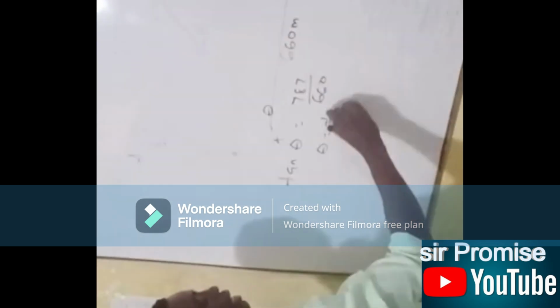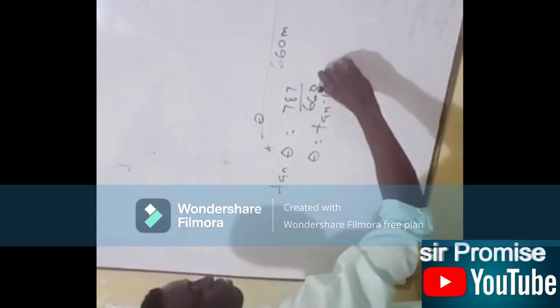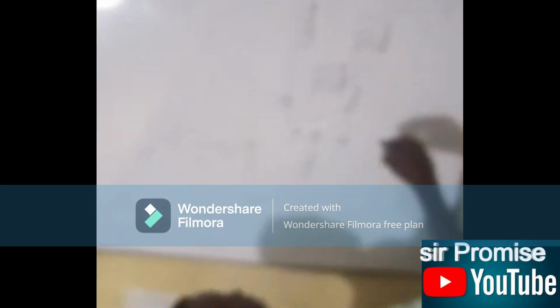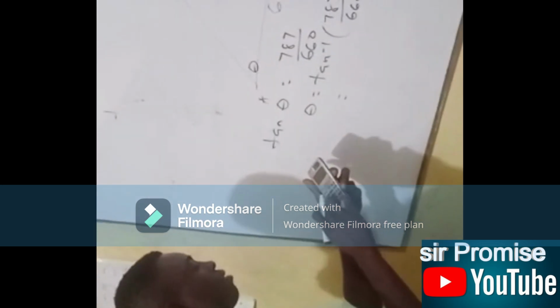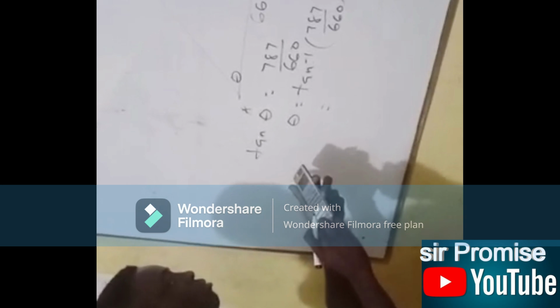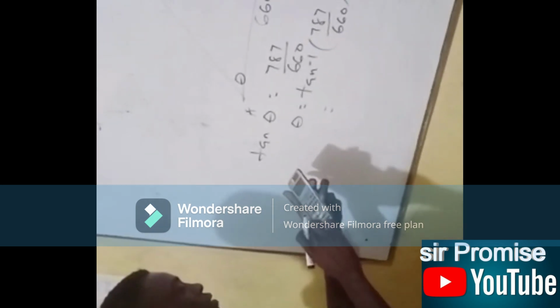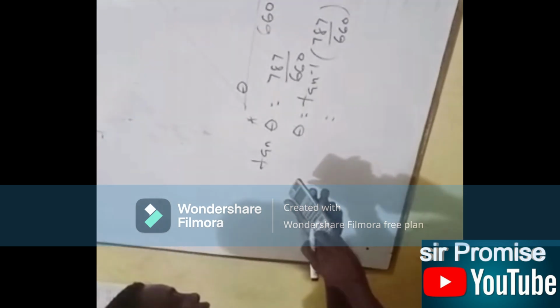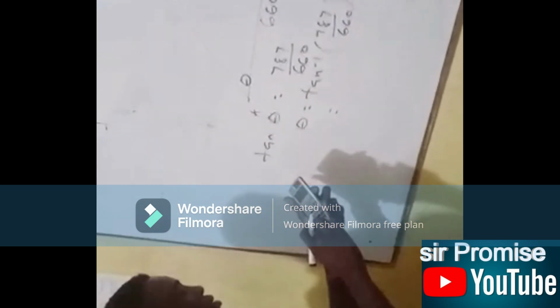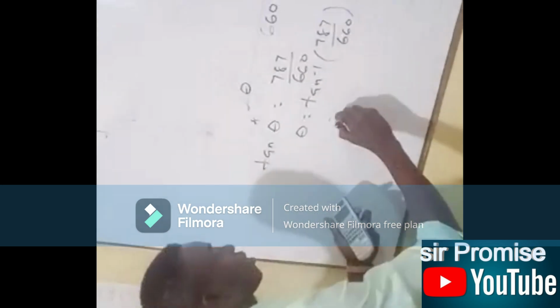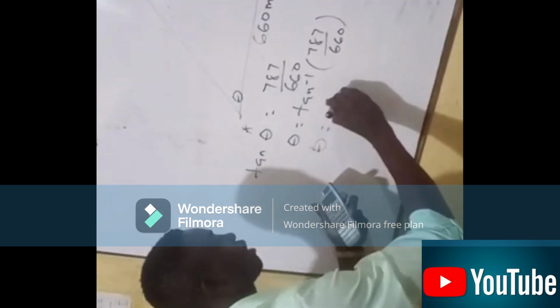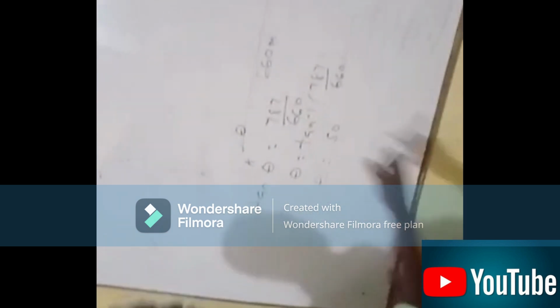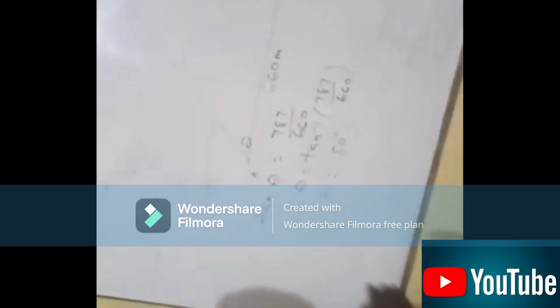Theta will be equal to the tan inverse of 787 over 660, and the theta is going to give us 50.0 something. So approximately we have 50.